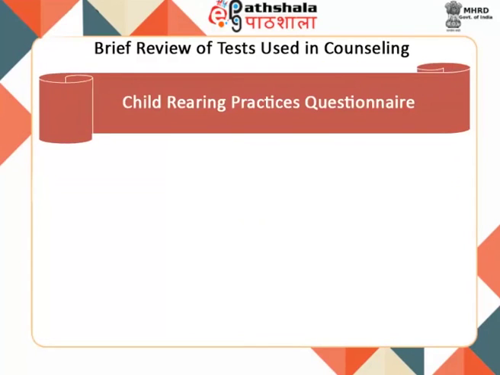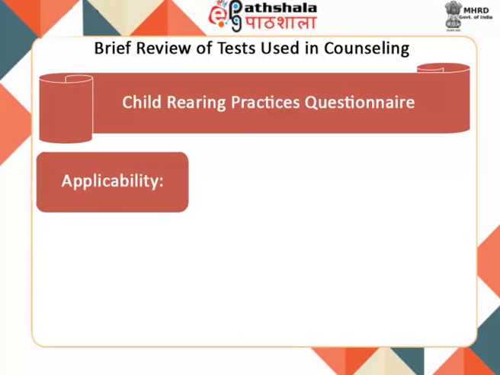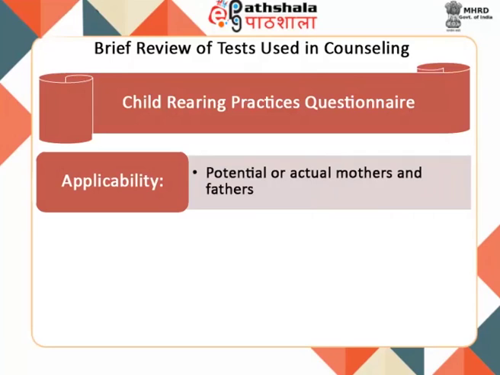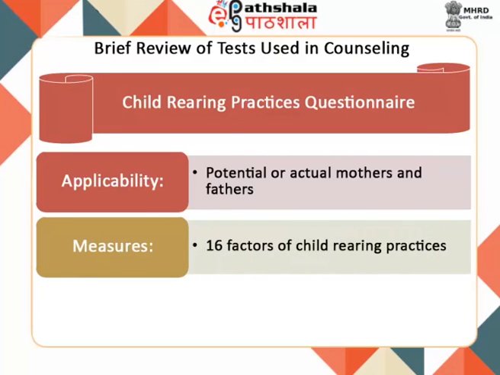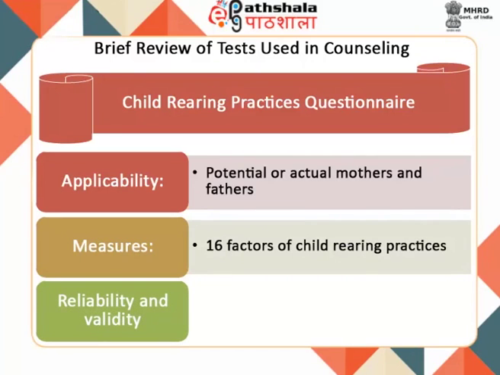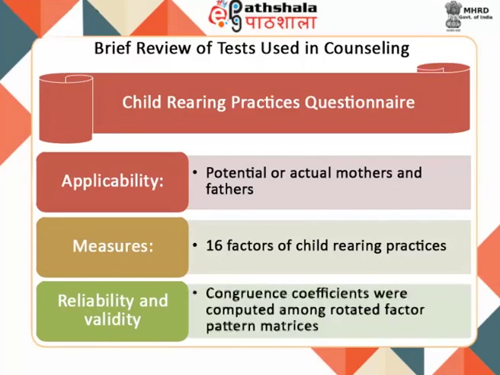Child Rearing Practices Questionnaire. Applicability: potential or actual mothers and fathers. Measures 16 factors of child rearing practices. Reliability and validity: congruence coefficients were computed among rotated factor pattern matrices.